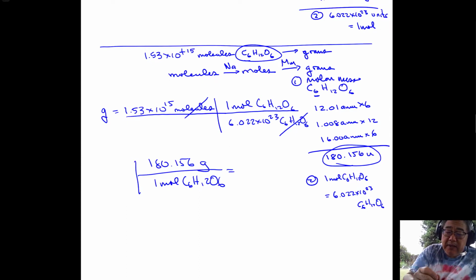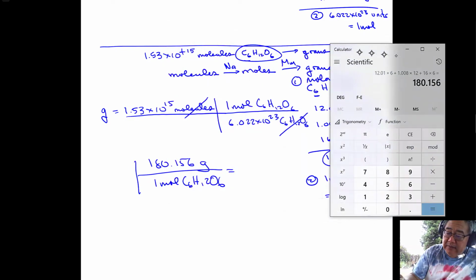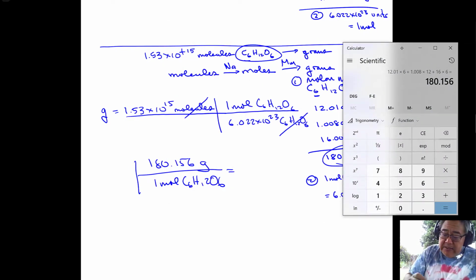And so now I can pull that out and calculate it. So let me grab my handy dandy calculator. And then I'm going to say 1.53 times 10 to the 15 divided by 6.022 times 10 to the 23rd times, because I'm over here now, 180.156.